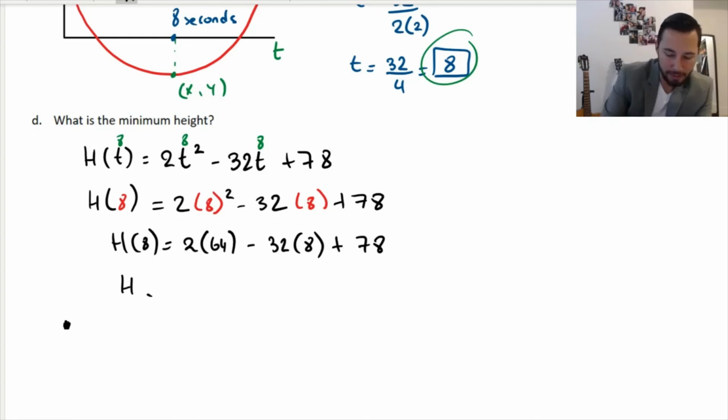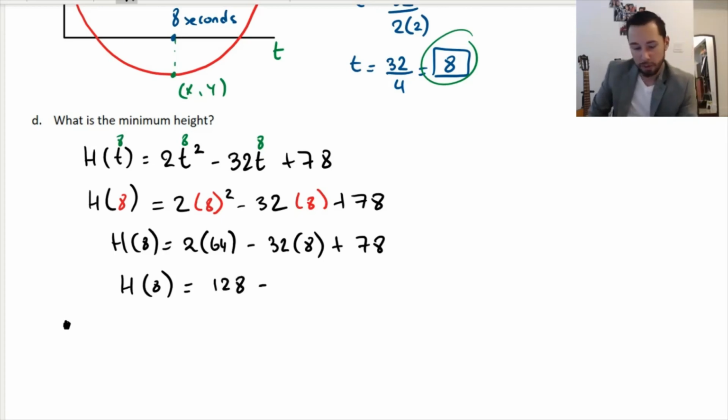So my height at 8 seconds is going to be 2 times 64, that's 128, minus 32 times 8, which is 256, I believe.